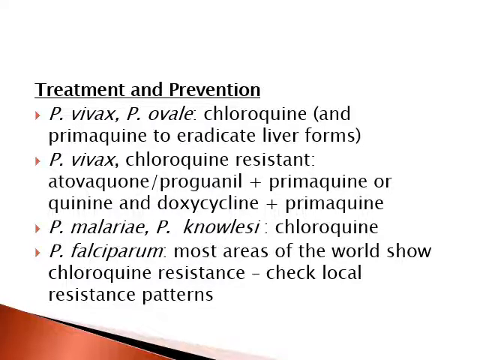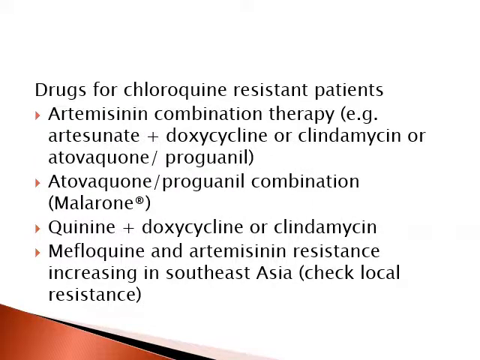Also, for Plasmodium falciparum, there is chloroquine resistance, and we'll check the local resistance patterns, and we give accordingly the antimalarial drugs. For chloroquine-resistant patients, we have some drugs here.